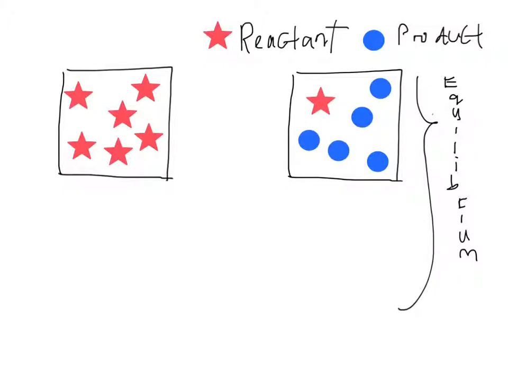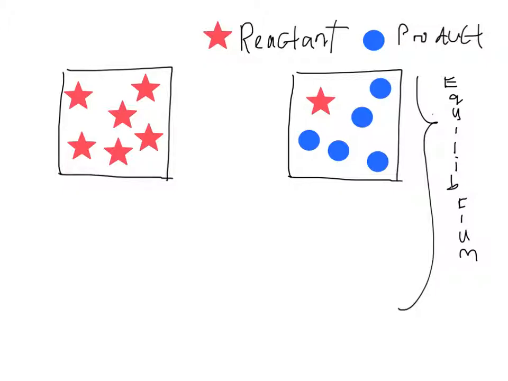Would you classify this particular condition as a high equilibrium constant or a low equilibrium constant? Hope you got it right. The answer is that it has a very high equilibrium constant, mainly because at equilibrium you get a high concentration of products over the reactants.